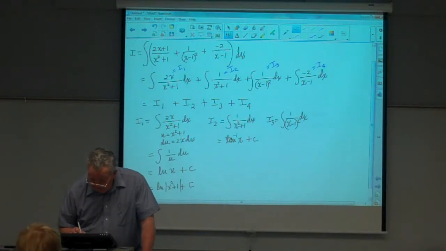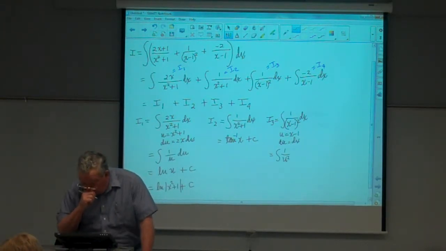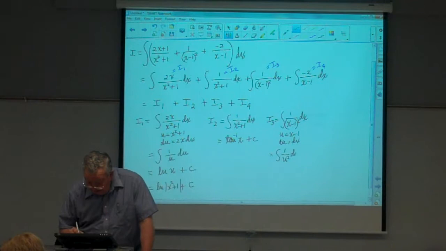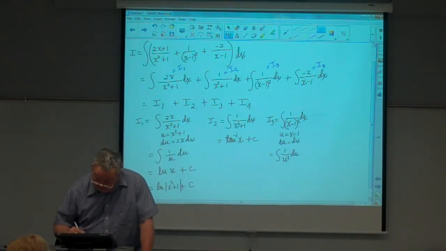So here, u is equal to x minus 1, du is equal to dx, so that's equal to the integral of 1 over u squared du, but that's equal to u to the minus 2, right?